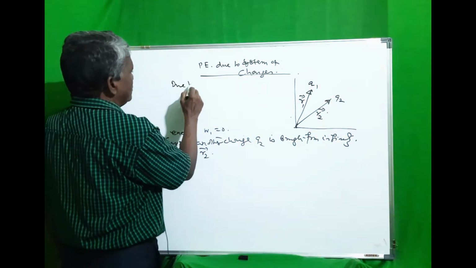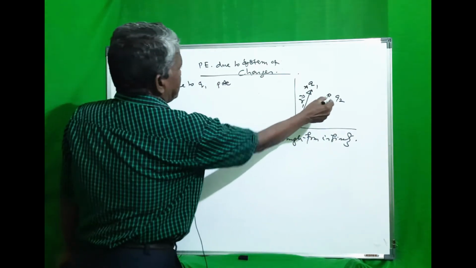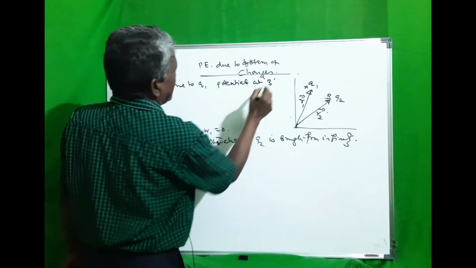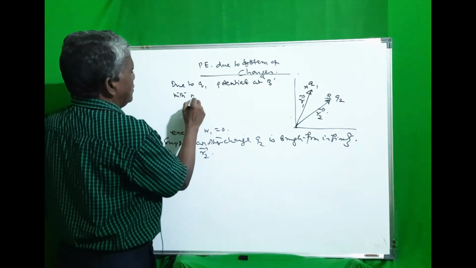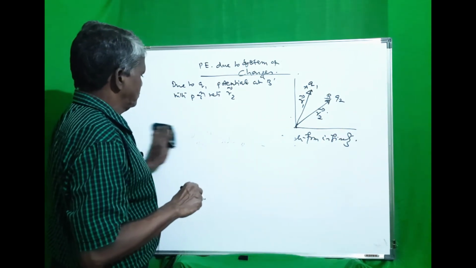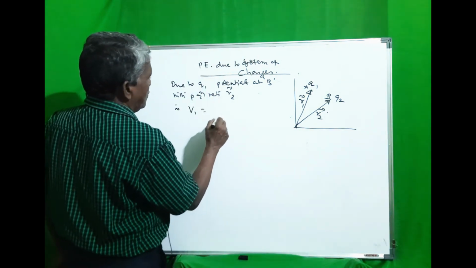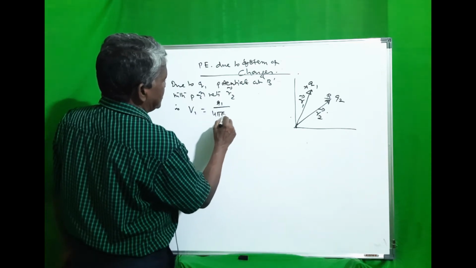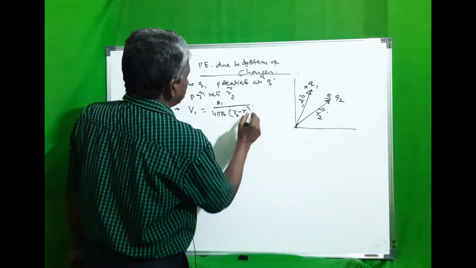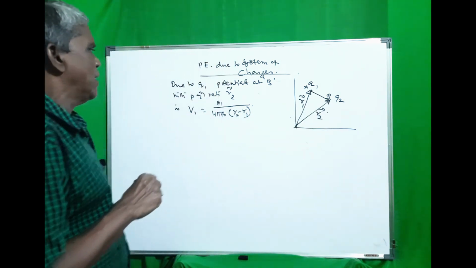Due to Q1, the potential at the point B with position vector R2 is V1 equal to Q1 by 4 pi epsilon 0 times the distance AB, which is R2 minus R1 or R1 minus R2.